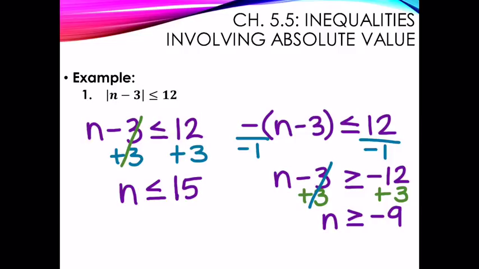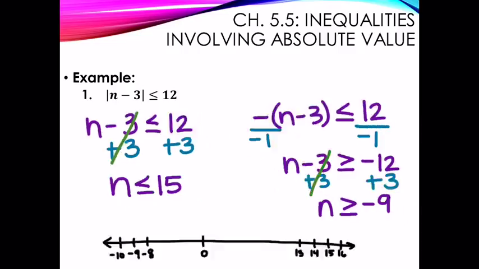Okay, so now I'm going to make a number line so that I can graph both of these. I've made my number line, and I didn't fill in all of the numbers, but I made sure that I had some numbers around negative 9, that's my smallest number, and some numbers around positive 15, which is my biggest number. And then we know that 0 should be somewhere in the middle there.